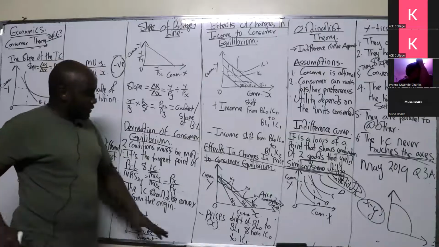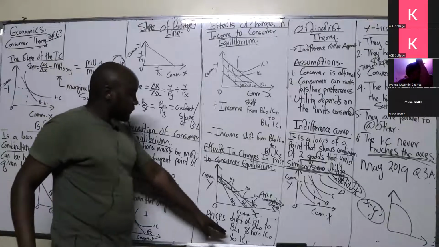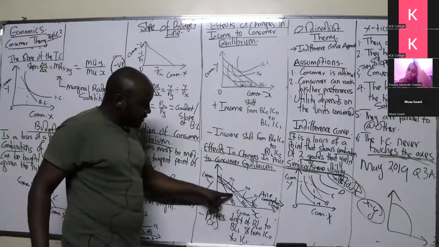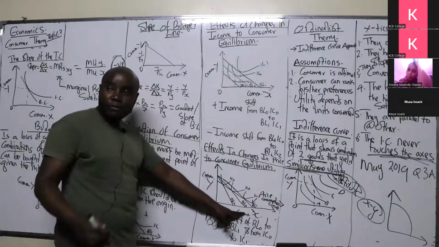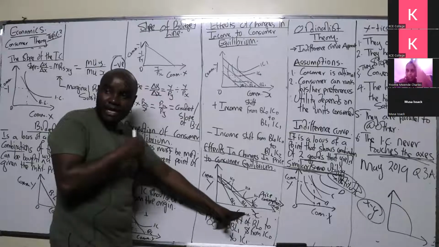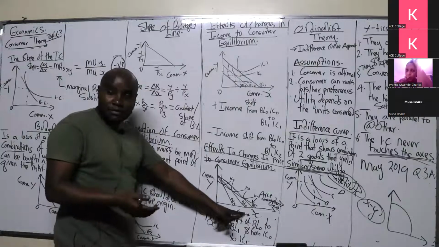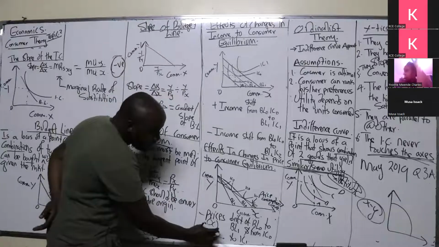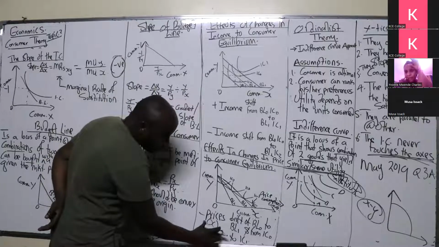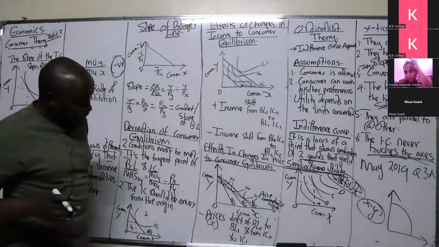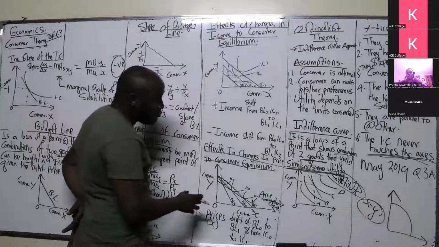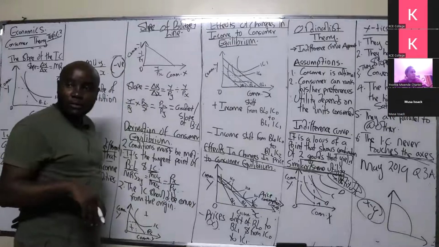If we decrease the price of X, holding Y constant, then people will tend to consume more of X in respect to Y.